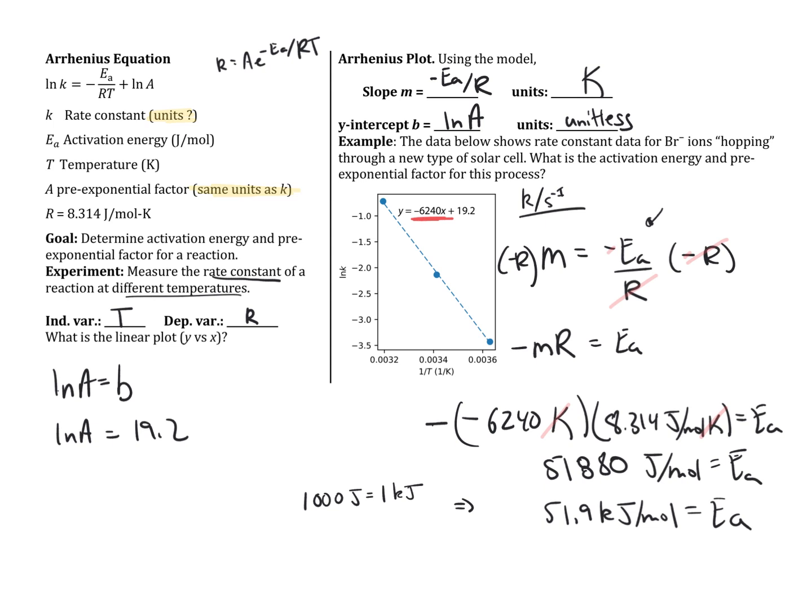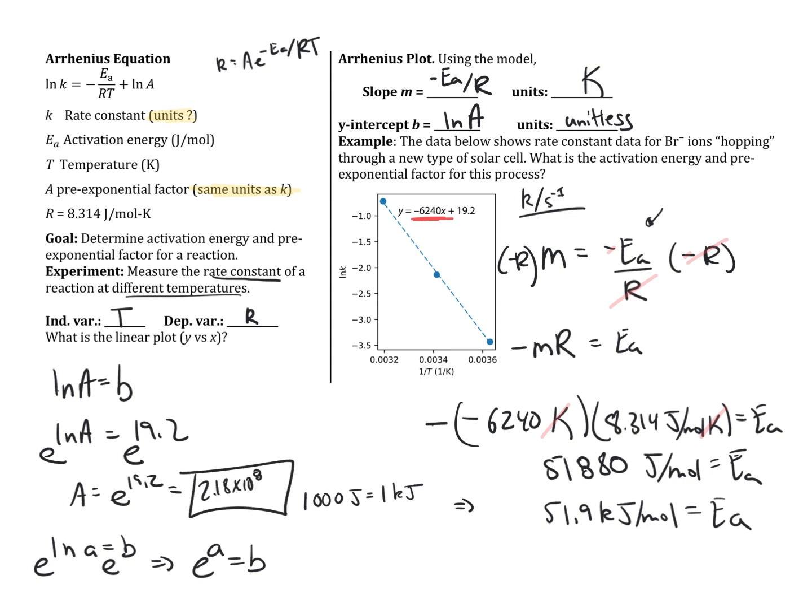Remember that if I have ln A is equal to B, to undo the natural logarithm I take e to both sides. So e to the A is equal to B. So here I take e to both sides, and I get A is equal to e to the 19.2, which is equal to 2.18 times 10 to the 8.